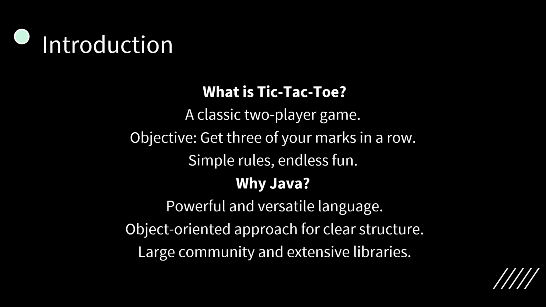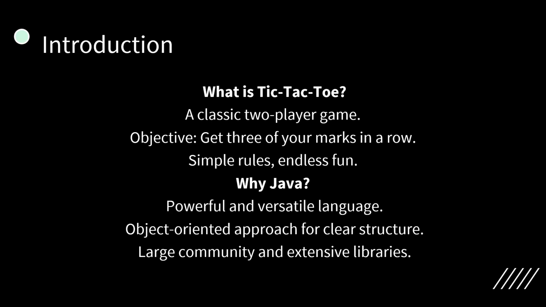It's a game that's easy to learn but hard to master, and it can be surprisingly strategic against a skilled player. So why did I choose Java? Java as a language is powerful and versatile. If you write code for one device, it can be run on other devices as well, because it uses a private yet secure JVM, the Java Virtual Machine.